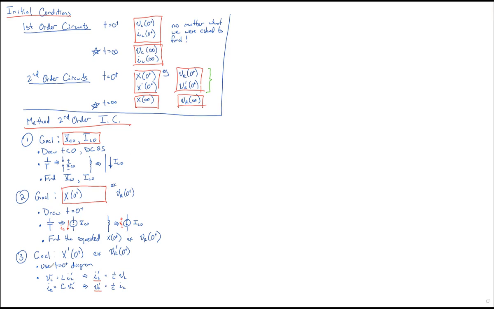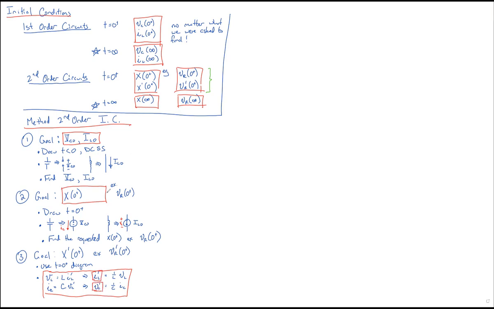Now, you will always use these equations because these are what will let you transform from the non-derivative world into the derivative world. If what you're asked to find happens to be I sub L or V sub C, congratulations, you're done.